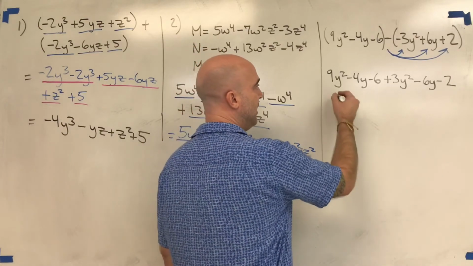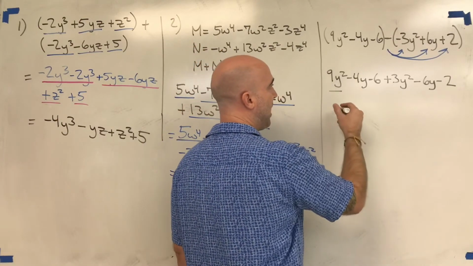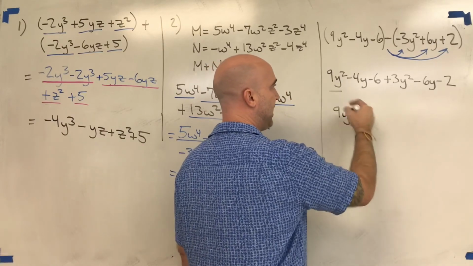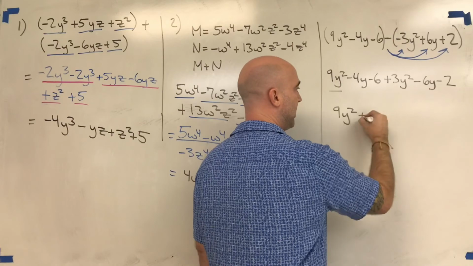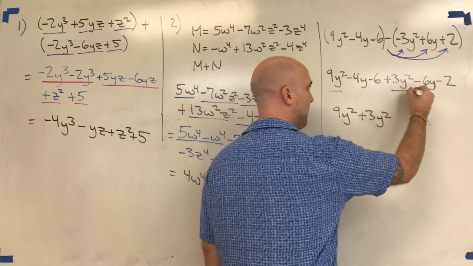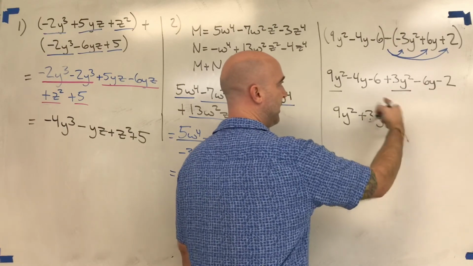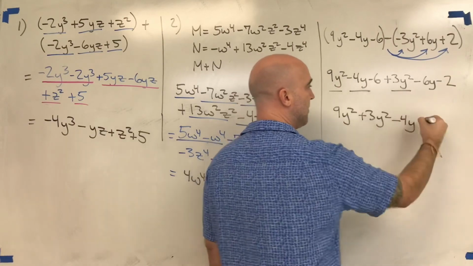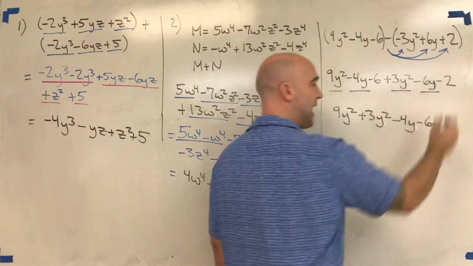Same style. I'll do the y squareds, that's the biggest exponent here. So I have 9y squared. Are there any more? Yep, plus 3y squared. And then the next ones are the y's: minus 4y, that's that one, minus 6y, that's that one.